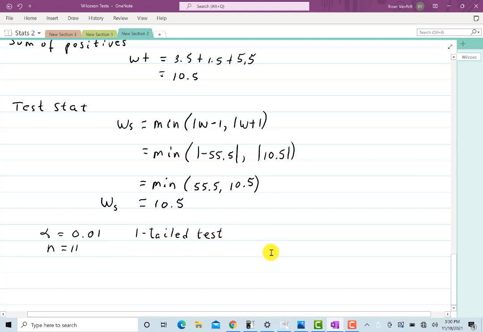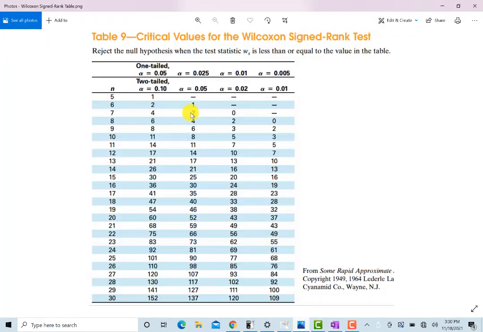Let's go ahead and take a look at my table. I'm looking at one-tailed and I see alpha equals 0.01. Now I'm going to scroll down until we get to n equals 11. We can see that this 7 is the critical number.